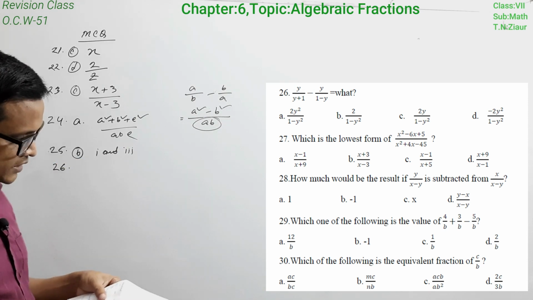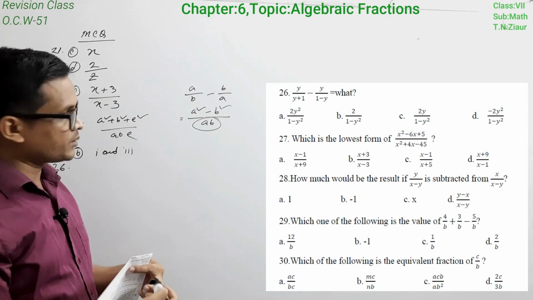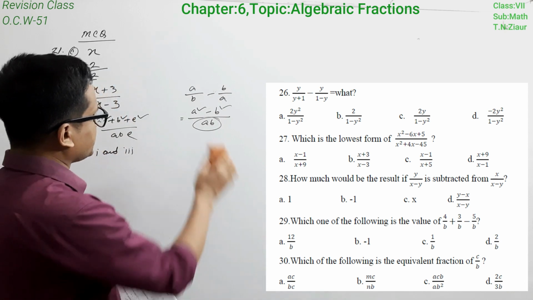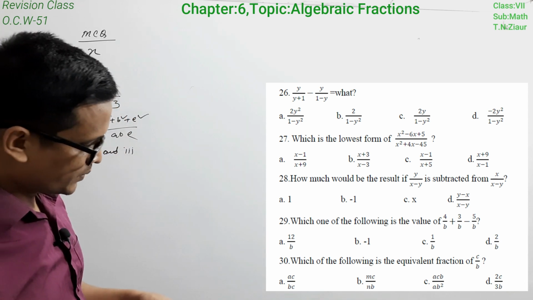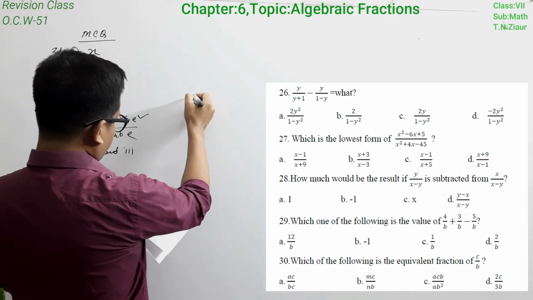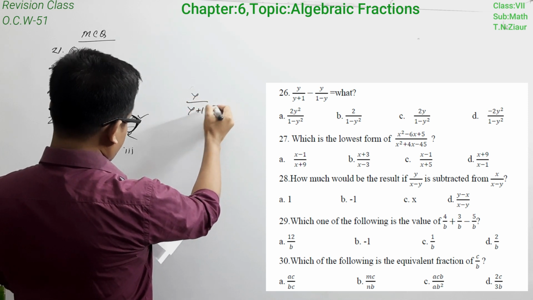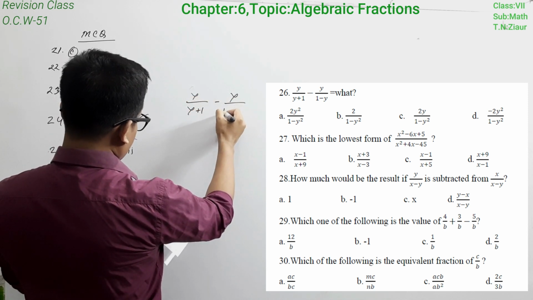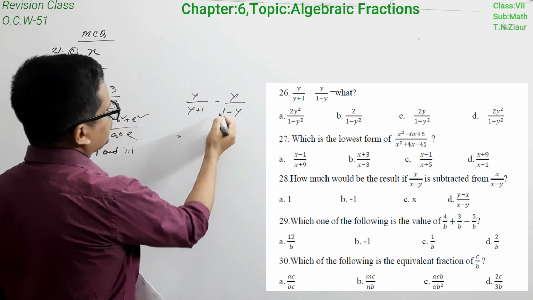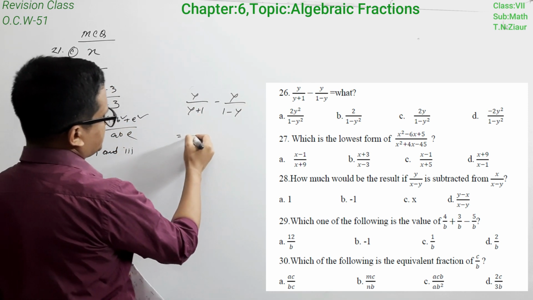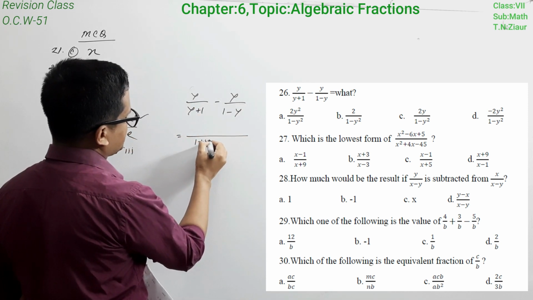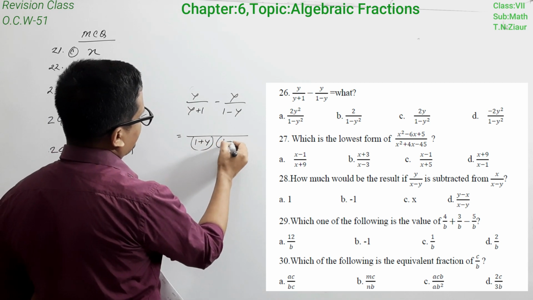Now we solve 26 number, students. 26 number. So what will be? Now read the question first. I'm writing here y by y plus 1 minus y by 1 minus y. Students, 1 minus y and 1 plus y are the same. So we can take LCM 1 plus y and 1 minus y.